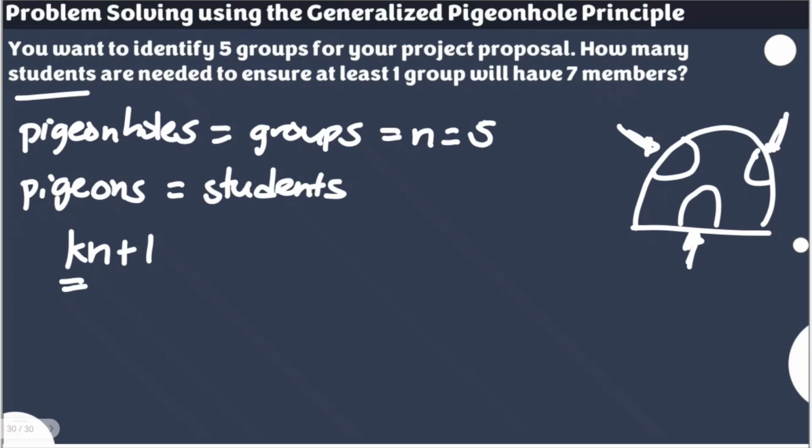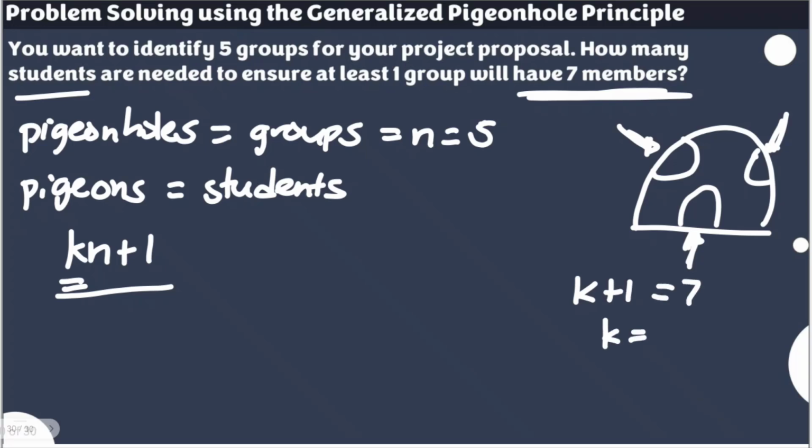The k is identified by our intended target, but it's not 7, because the definition of the generalized pigeonhole principle tells us that if n pigeonholes are occupied by kn plus 1 pigeons, then at least 1 pigeonhole will occupy k plus 1 or more pigeons. Again, k plus 1 or more pigeons. So the 7 there is k plus 1, not the k. You can now get k as 7 minus 1. Your k is actually 6.